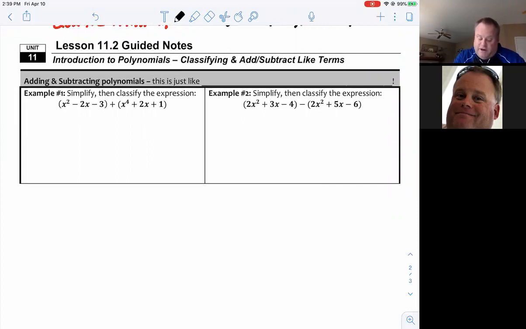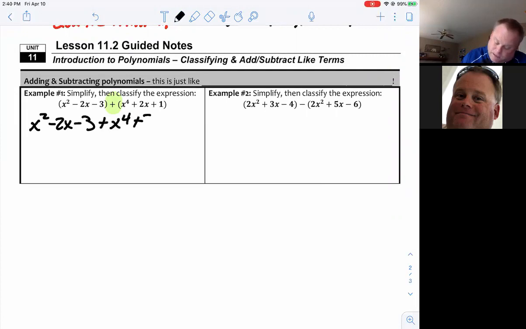I have x squared minus 2x minus 3 plus. That tells me what I'm looking for right there, that plus, right? X to the 4th plus 2x plus 1. So I'm going to simply drop the parentheses and look to combine like terms.